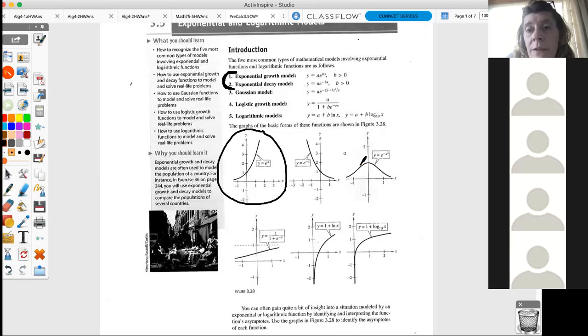All right, now this is a Gaussian model. It's sometimes called the bell curve. And this is used like, you think of a bell curve and you think of natural, like in teaching, we always think that you've got all these grades across the board.